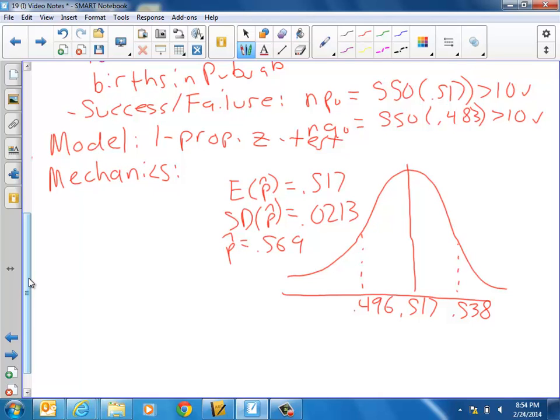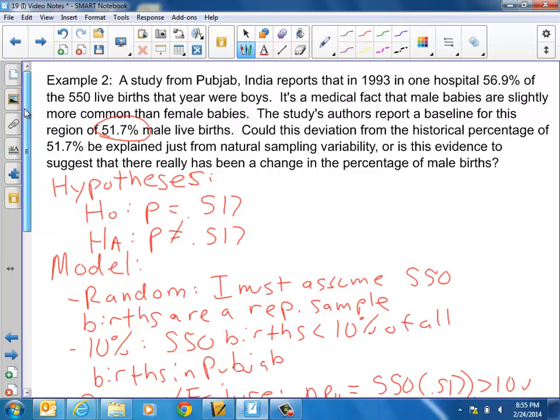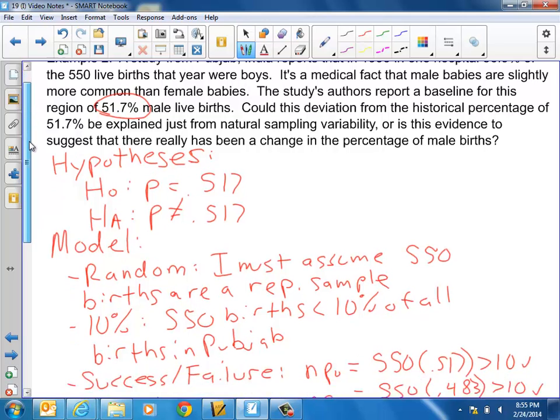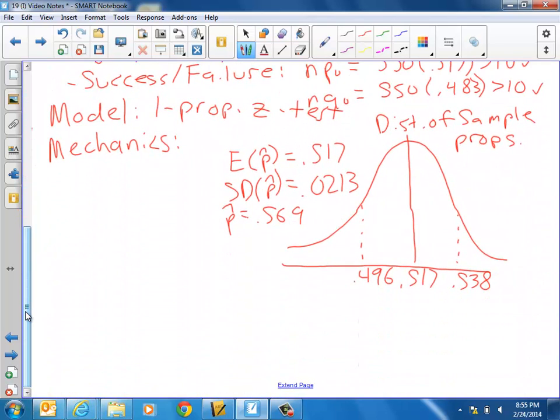This is the distribution of sample proportions. Okay. Now, we need a z-score. Let's do this in blue. Let's start to talk about the actual sample we've got to work with in a different color here. So 56.9% of these 550 births were male.